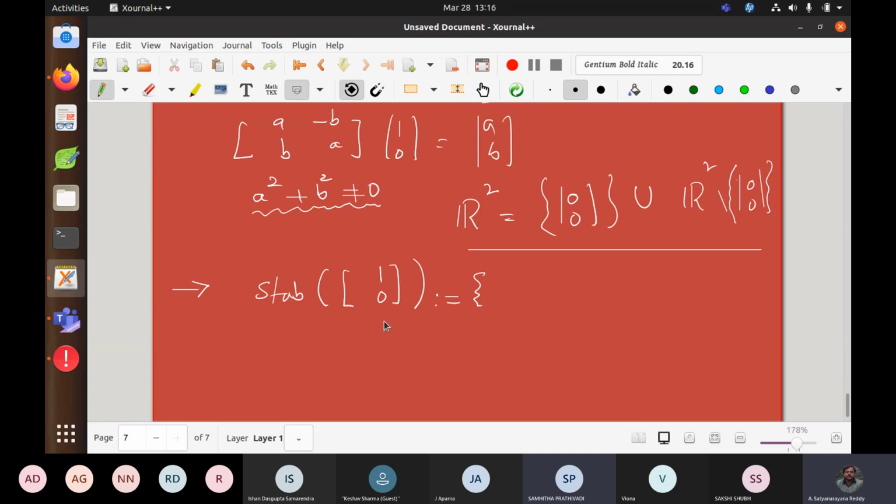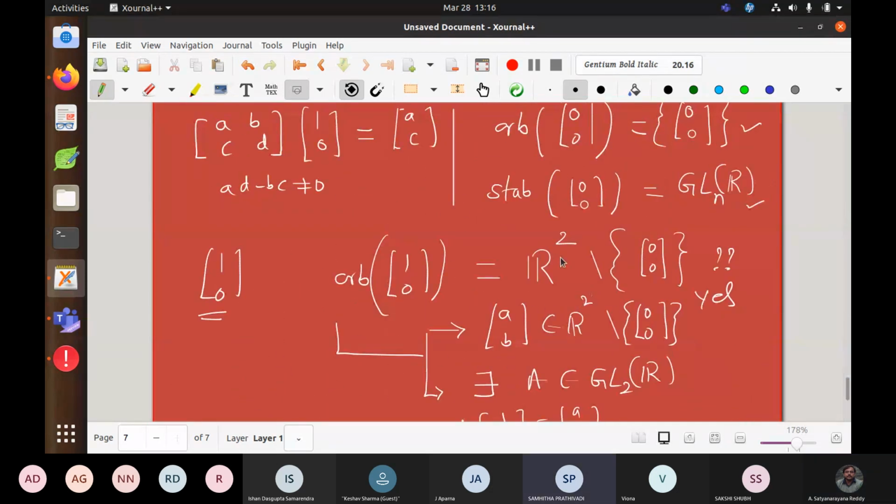You should not waste time, so better you ask. Okay, stabilizers are all those matrices which fix (1, 0). The stabilizer of (0, 0) is the entire GLn of R. Why? Every matrix A times (0, 0) is equal to (0, 0) only. I'm collecting all those matrices which fix (0, 0). Okay, all right, sir, got it.